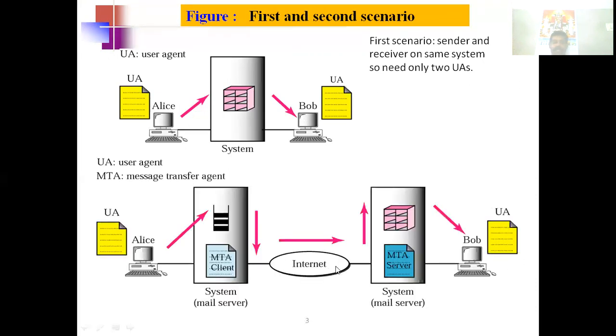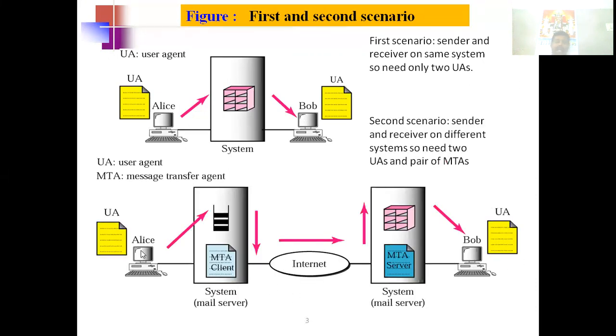The second one is the sender and the receiver are connected to two different systems. This user is connected to this system and this user is connected to this system. Now, in this case, you need two user agents and a pair of MTAs, that is two MTAs. Here, one MTA client and one MTA server.